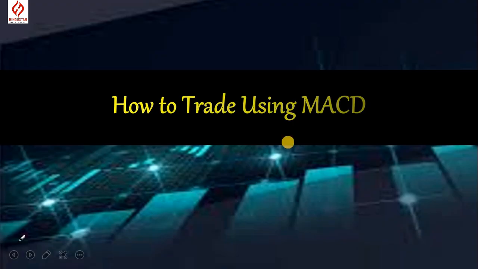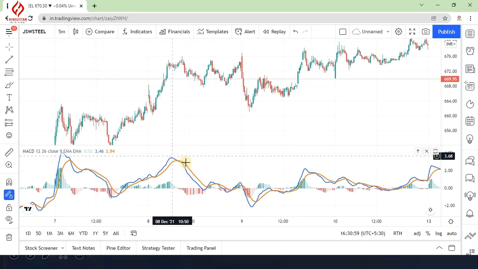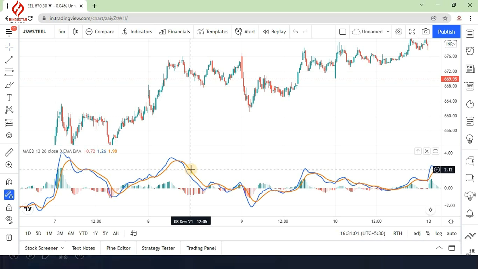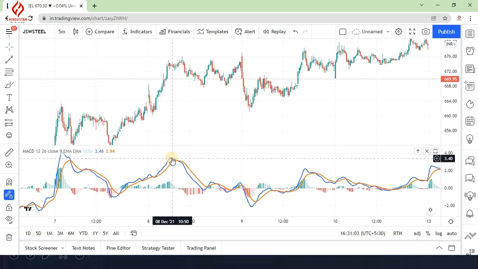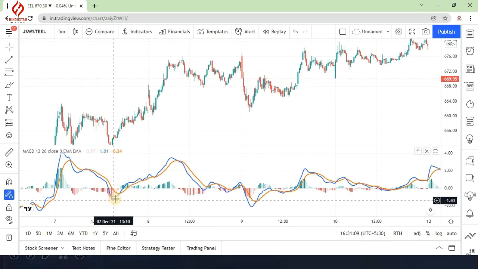Here we have crossover strategies. The MACD line is the fast moving average, and the signal line is the slow moving average. When the fast moving average crosses over the slow moving average, then it is an indication of a new trend.